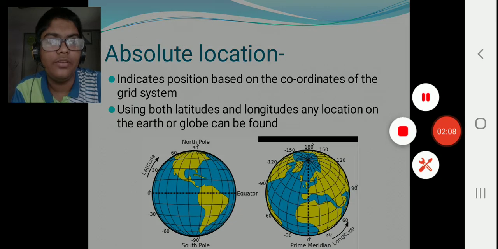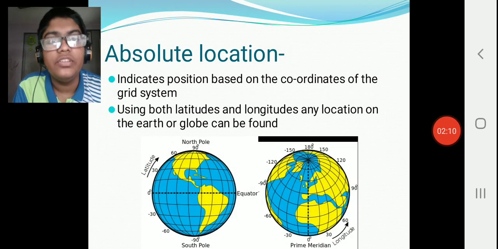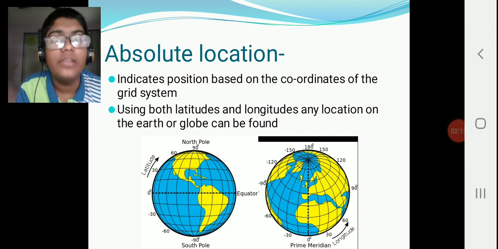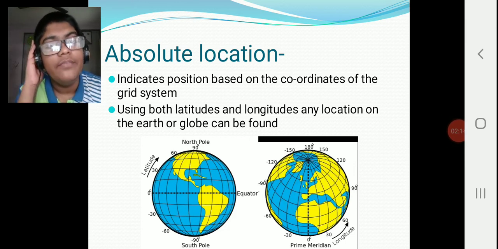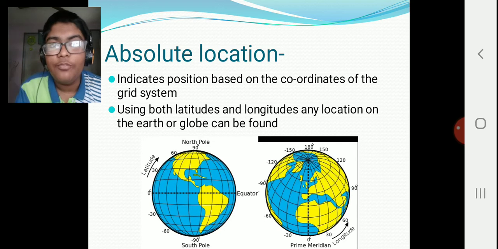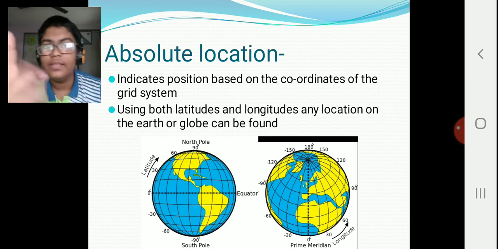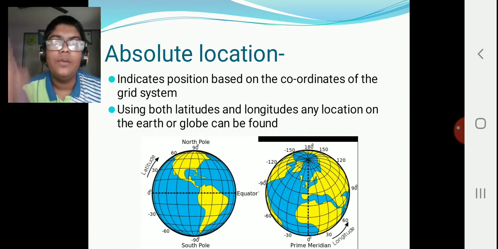Absolute location. Now, what is this absolute location? It indicates position based on the coordinates of the grid system. We know that in a graph paper we have coordinates. The same way, in a grid system, because of these latitudes and longitudes, we form a grid and there are coordinates in them.